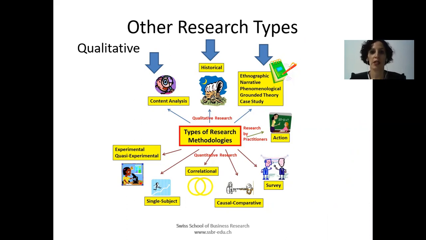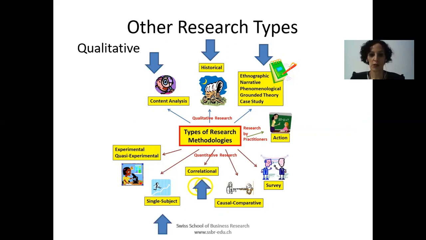So this can be content analysis. Let's see what the issue is with the content that we have here. It can be historical. This would be a lot more academic and not so much regarding business research. Or it can be case studies, where here in this school, we love to work on case studies to see how this could be something that we can implement in our organization, for example.